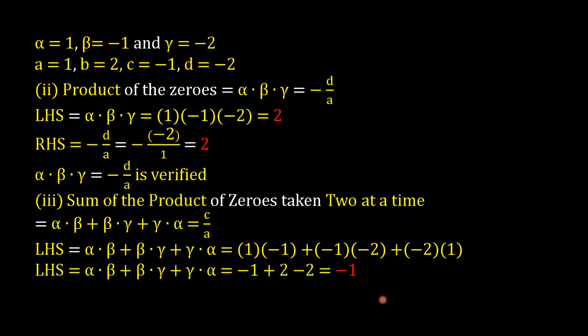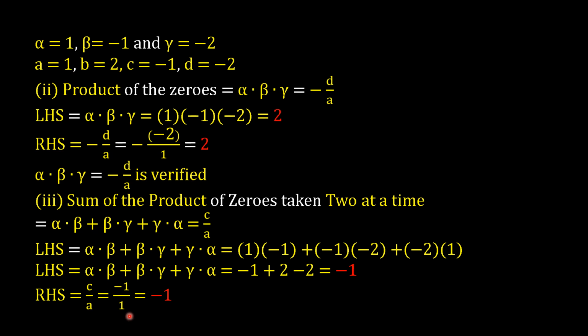This gives us minus 1, this will be 2, this will be minus 2. 2 minus 2 will be 0, and we get LHS equals minus 1. Now RHS is c upon a. c is minus 1 and a is 1.